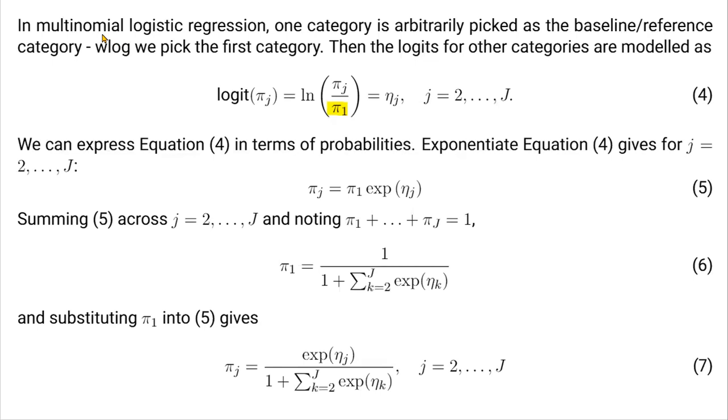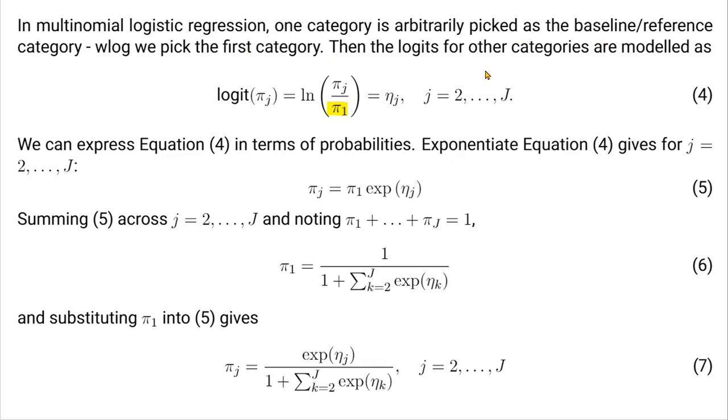In the multinomial logistic regression setup, we have to pick one of the categories, one of the J things, as the baseline or reference category. So without loss of generality, let's pick the first one. Then the logits for the other categories are modeled as follows.